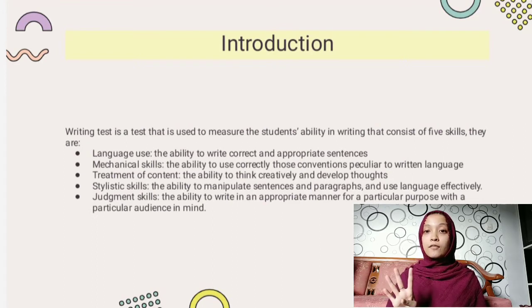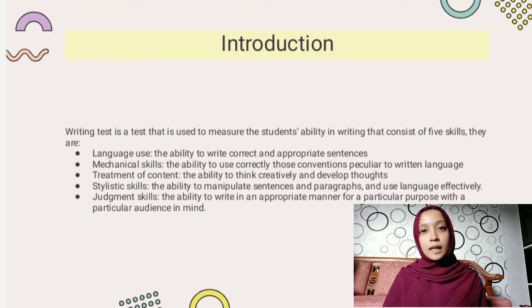consists of 5 skills. The first is language use, which is the ability to write correct and appropriate sentences. The second is mechanical skills, which is the ability to use correctly the conventions peculiar to written language. The third is treatment of content, which is the ability to think creatively and develop thoughts.